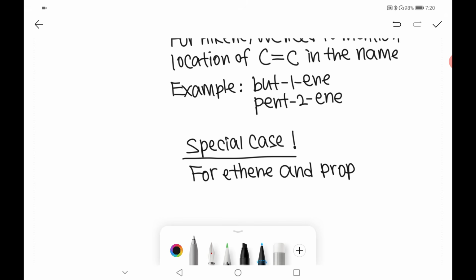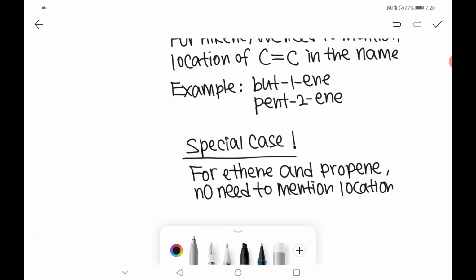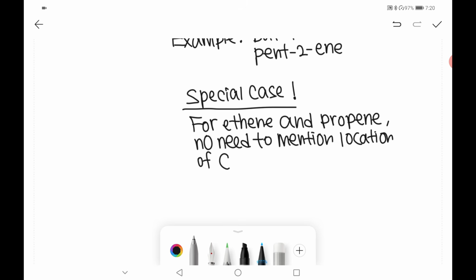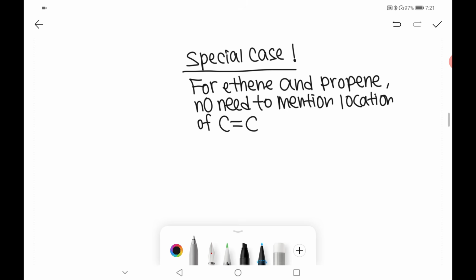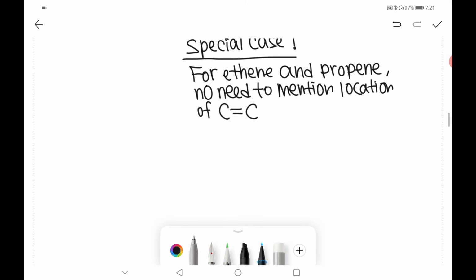So for 2 carbon and 3 carbon alkene, ethene and also propene, you don't need to mention the location of the carbon-carbon double bond. For example, you just call it ethene.